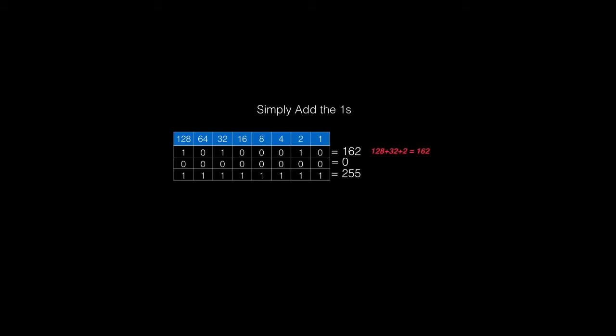So, another way to look at it, 128 plus 32 plus 2 equals 162. And this is how you add all octets.